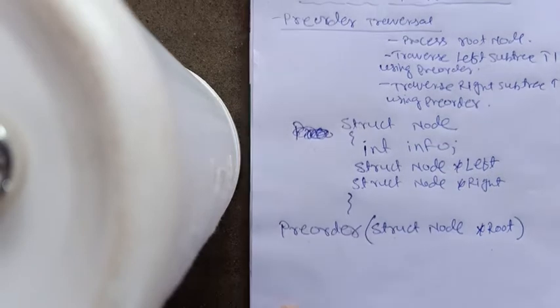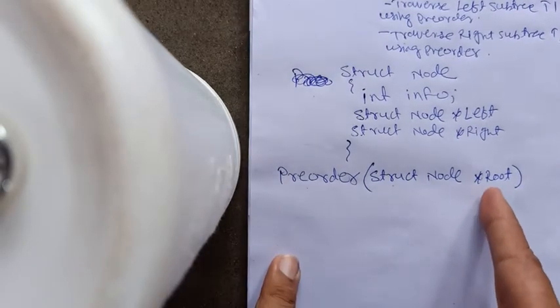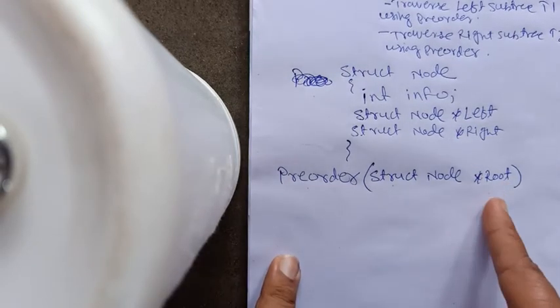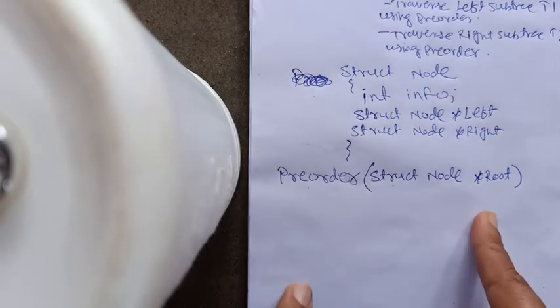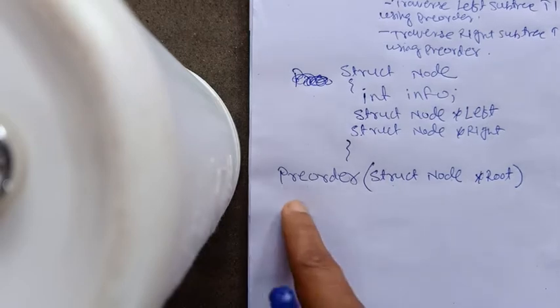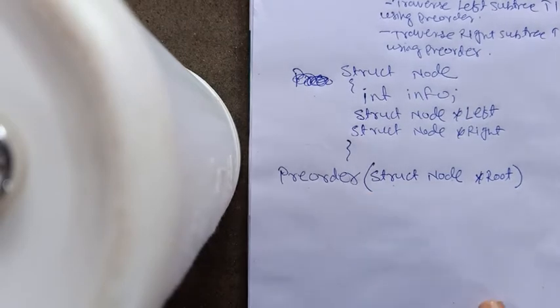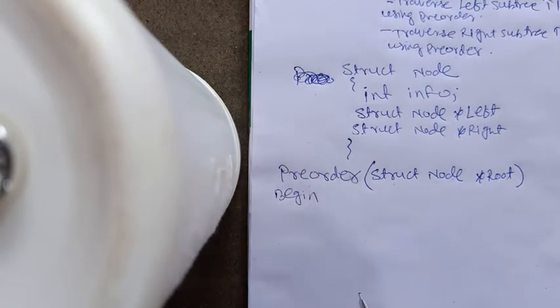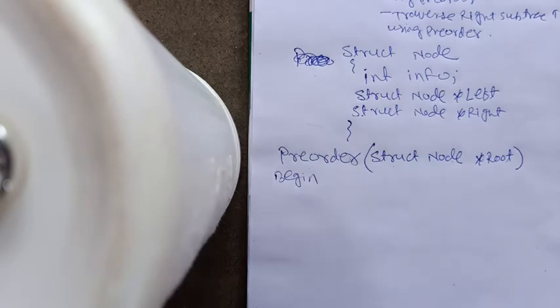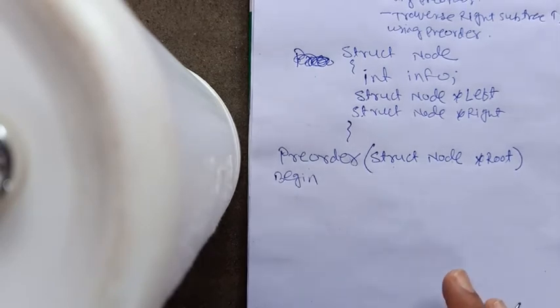Okay, so this variable asterisk root will contain the address of the root node, and that node address must be passed to the algorithm pre-order function whenever it is called. Okay, so now we'll say begin. Now we will write in a recursive manner. In a recursive algorithm, you know there must be an exit criteria.